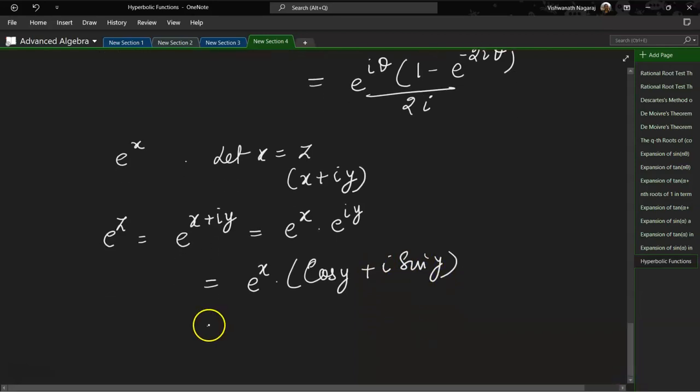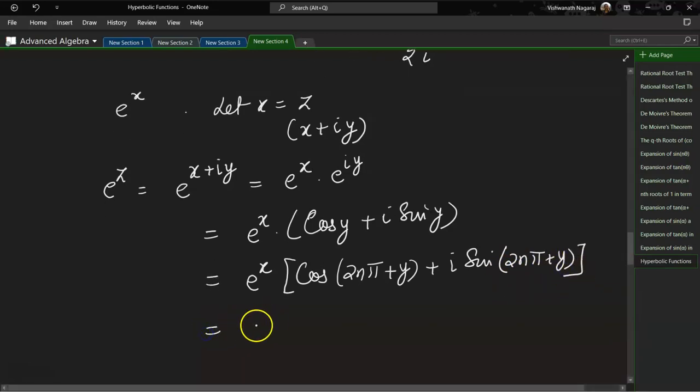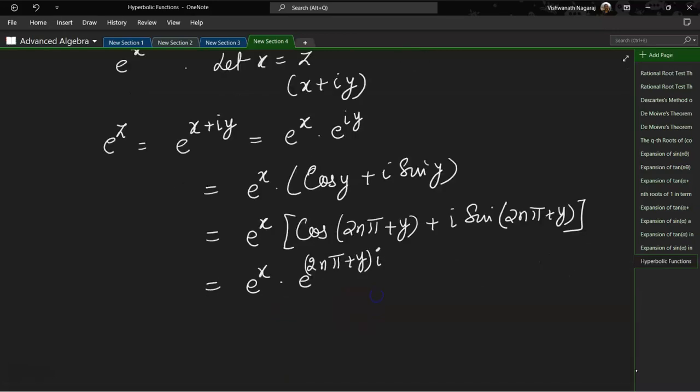And we know this cos and sin are periodic. So let's convert it into cos(2nπ + y) plus i sin(2nπ + y). Okay, which means we can write again back into exponential form. So that becomes e^(i(2nπ + y)), right?